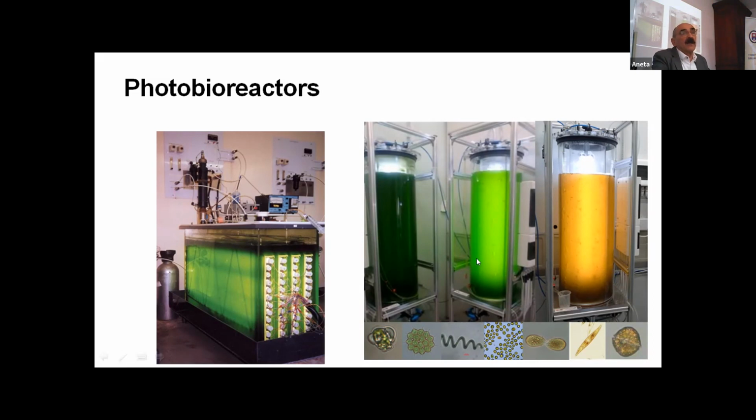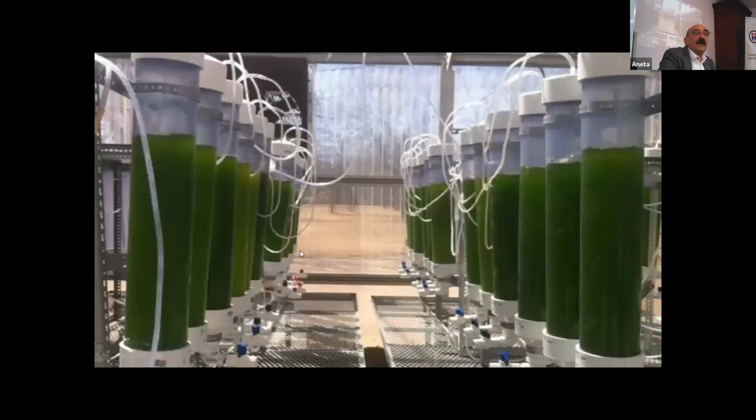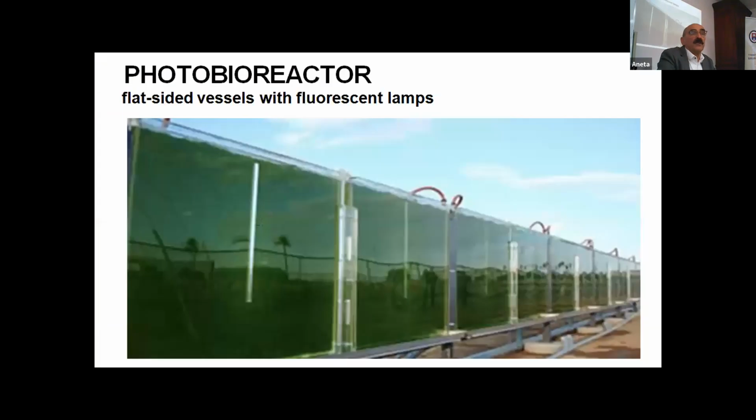This is a different story. You have a tube and another tube in it, and in the second tube you have light, so light can be dispersed evenly around the tube. This is something similar: cylinders with the light and with air bubbles to ensure vertical circulation, so you have constant moving of light and constant moving of the population of microalgae.